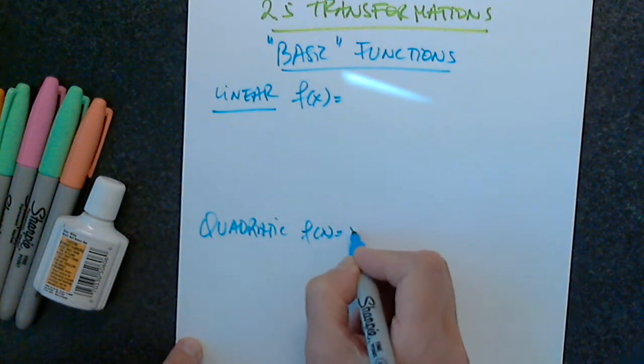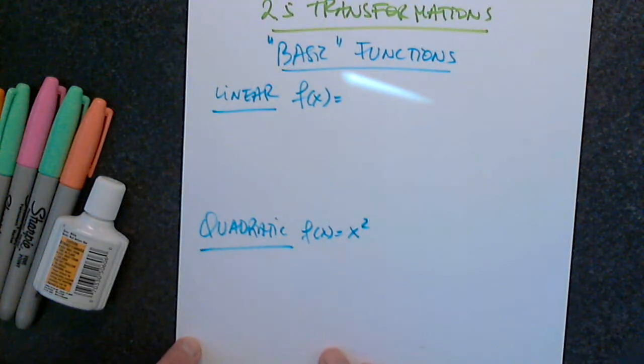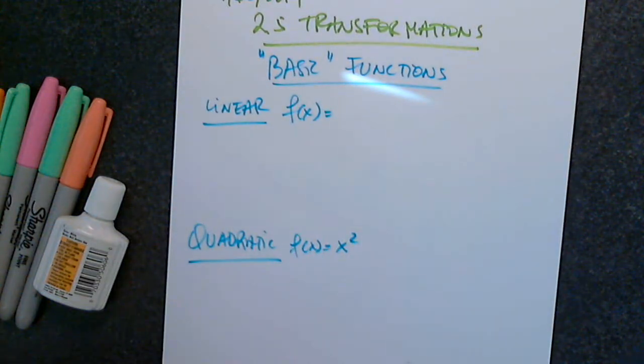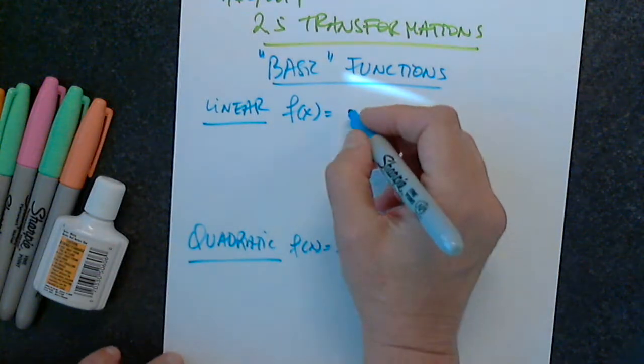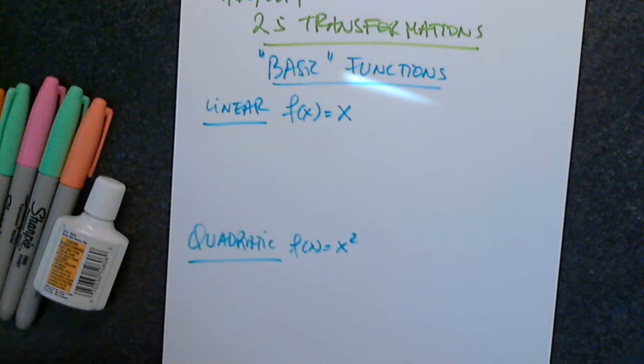Quadratic. F of x equals x squared is the simplest possible quadratic. But I need the linear first. N of x. So put an n value in front of x. Well, the simplest would be with 1, right? So the simplest linear function is f of x equals x.